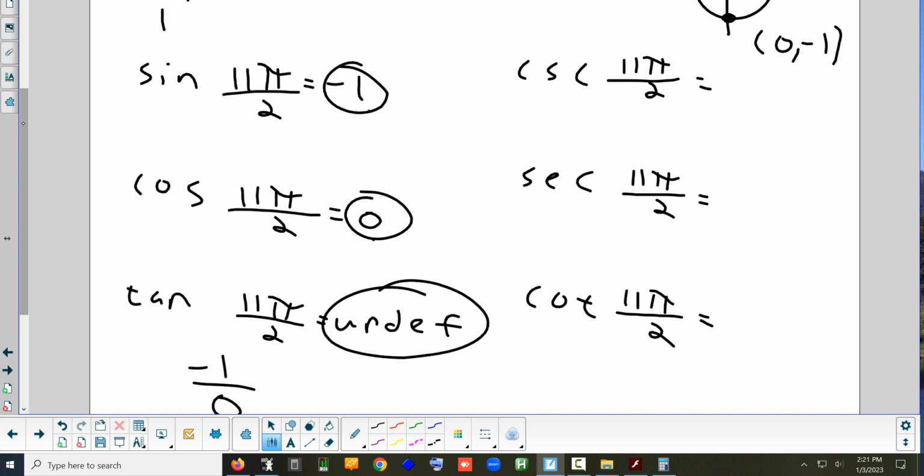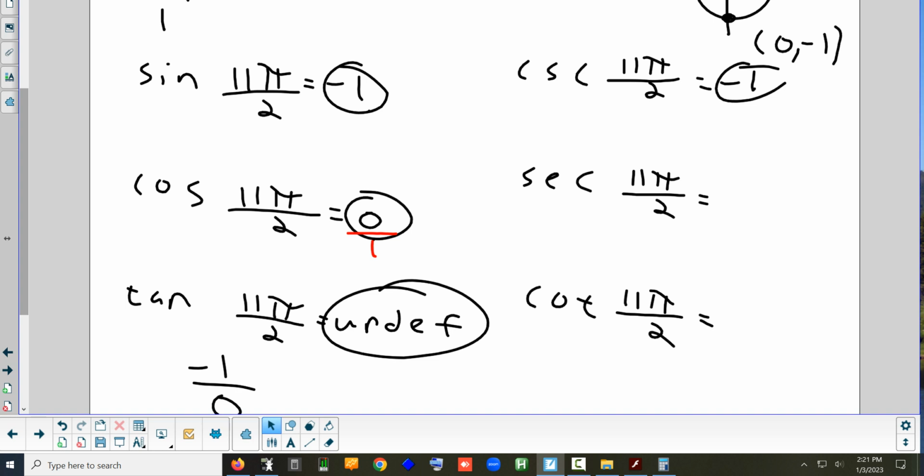Okay, and now we're going to flip all of those to get to that last 3. What do you get when you flip -1? That's the other number you can flip and it stays the same. -1 stays as -1. So now we've got 0. If you're not sure, if you're like, wait a minute, that's not a fraction, then think of it like this: 0 over 1. What's going to happen when we flip 0 over 1?